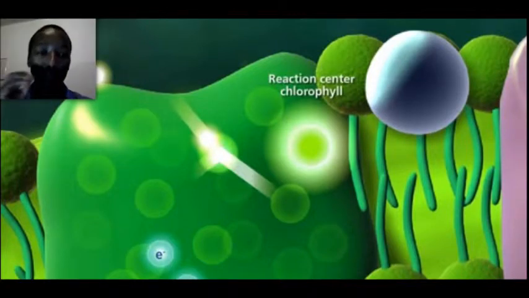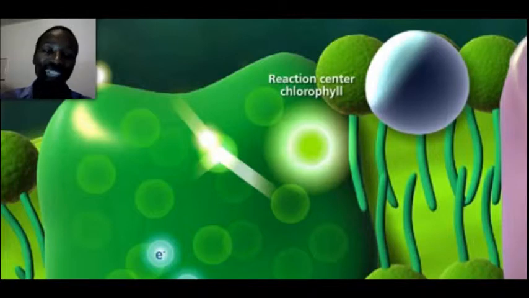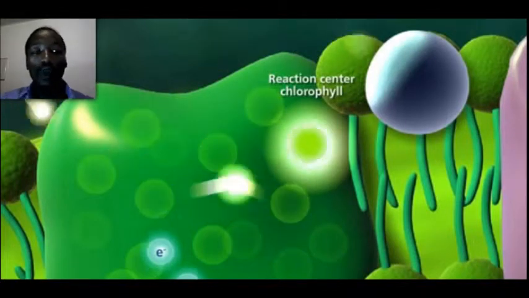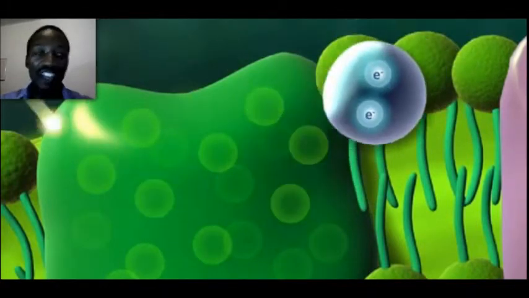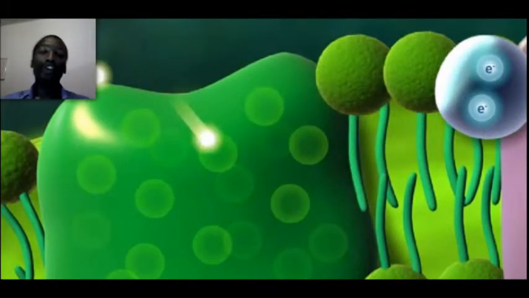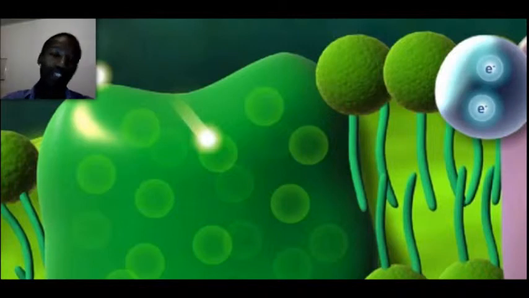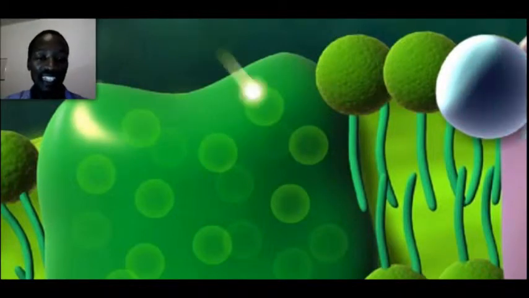So the reaction center is important as the transfer point of the electrons that have been excited within the chlorophyll molecules. Now, once the reaction center transfers those electrons, it transfers them onto the chain from one protein to the next until they get to the next stage.